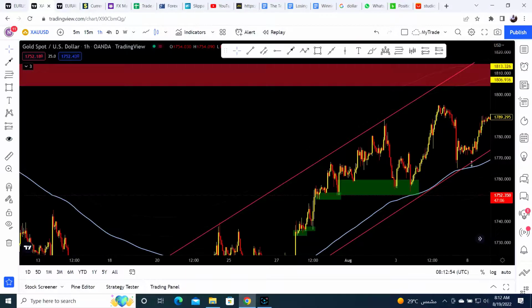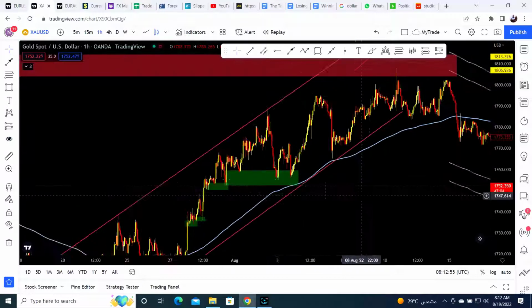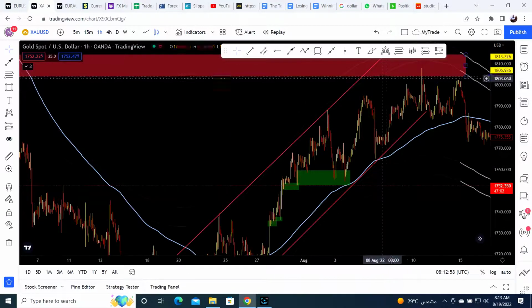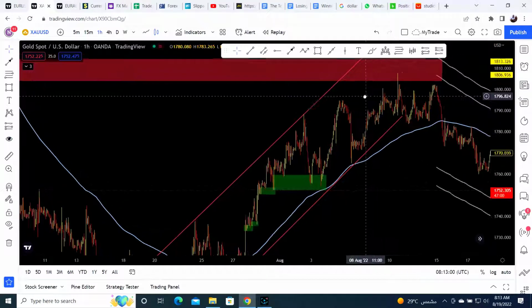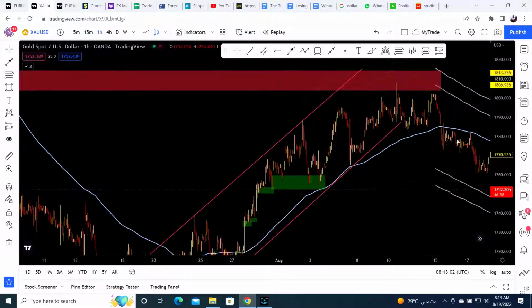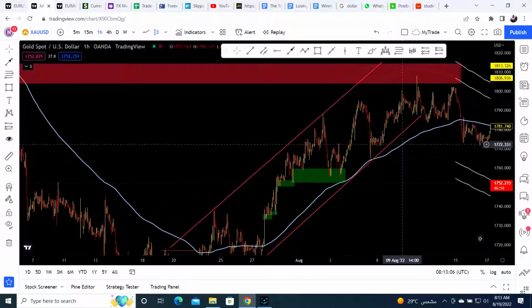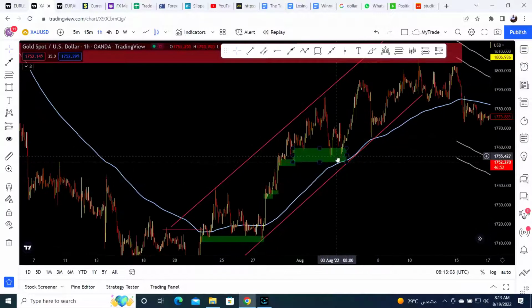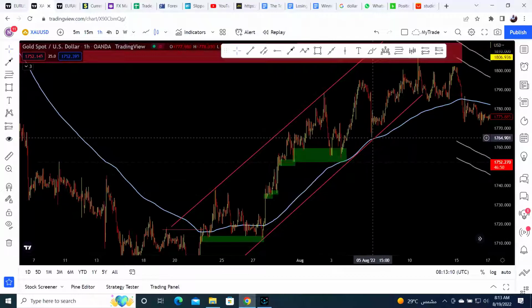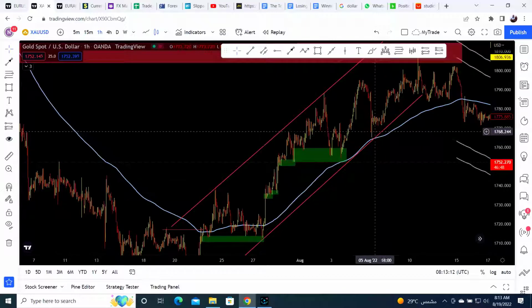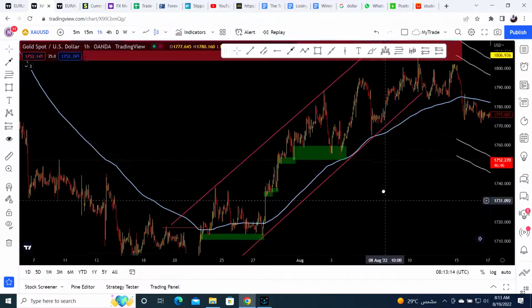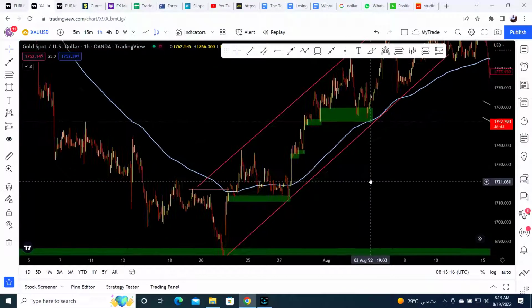We're getting closer to the red zone here that has been marked in case price wants to reverse. That was the zone there. So our last entry will probably be this, or you could have also gotten an entry here, but I think this one will be the last one.